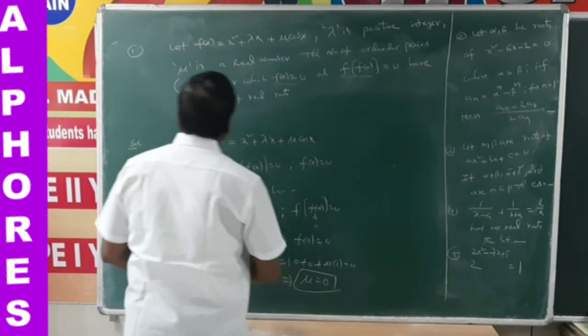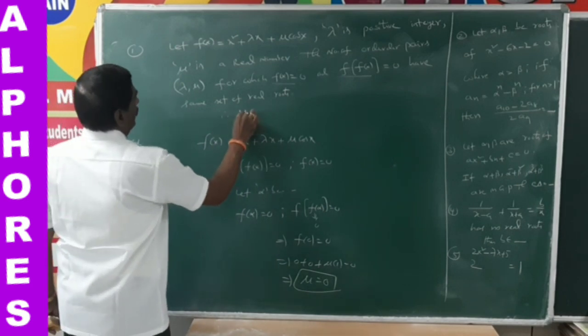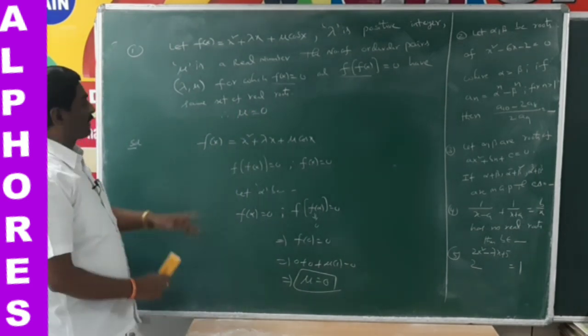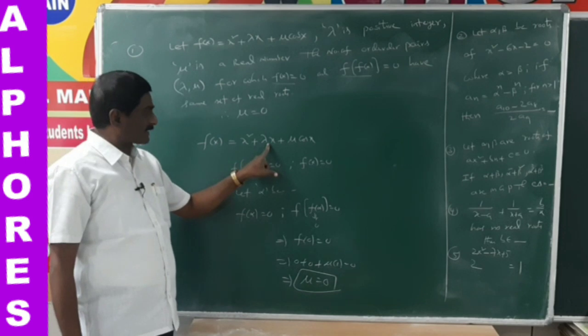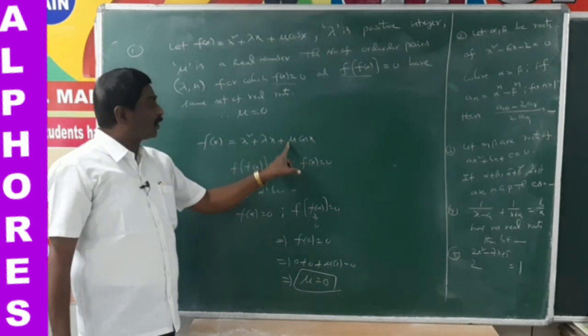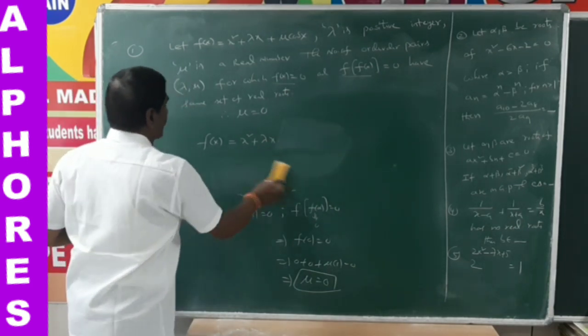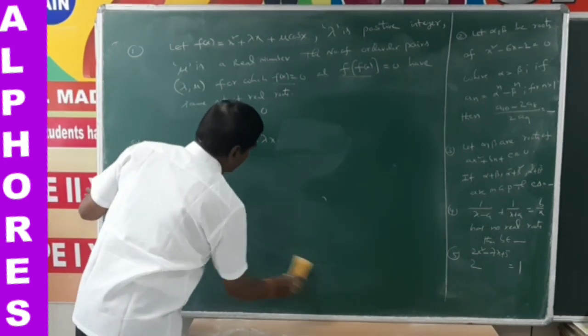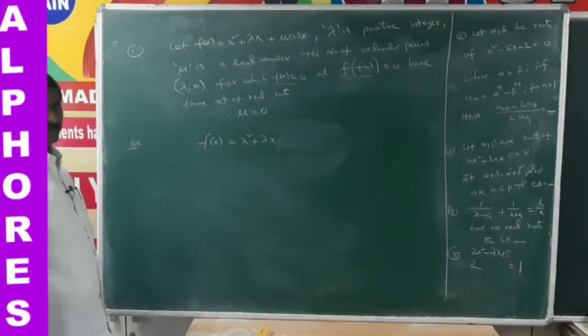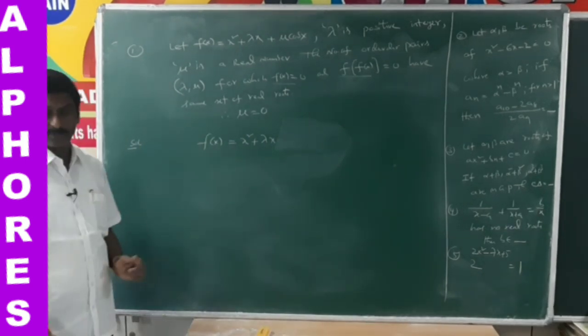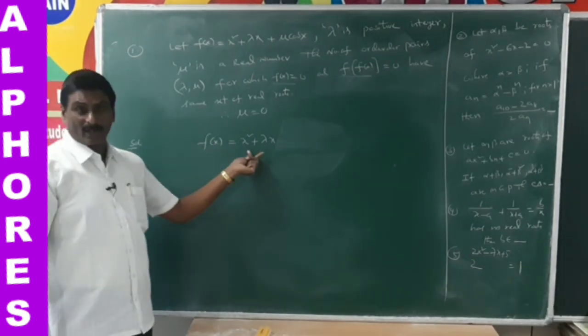Now f(x) can be reduced: x² + λx + μ cos x with μ = 0 means 0·cos x = 0. So finally f(x) reduces to x² + λx. Now it is a quadratic equation.